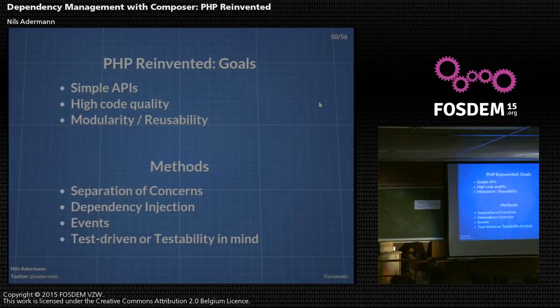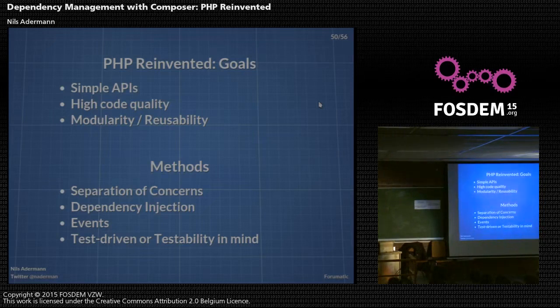Dependency injection has become really popular in the PHP world to make it possible to decouple individual components. Things like events make it possible to interact between components without strongly coupling them. And designing software with testability in mind leads to a very similar decoupling of components.